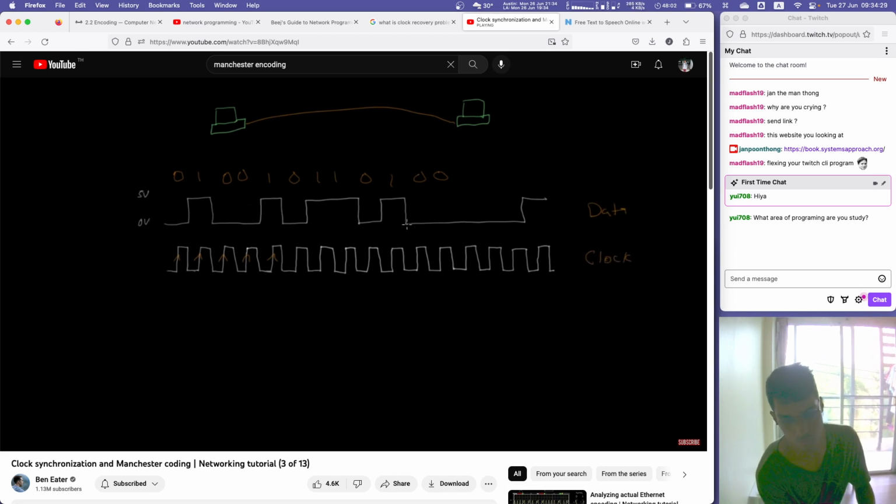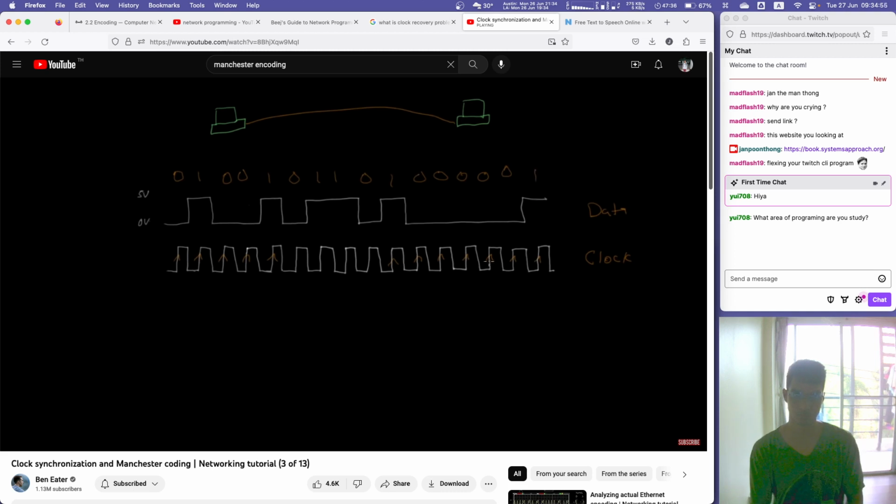And so for this example here, where we have this whole string of zeros, if we just look at exactly when these transitions occur from 0 to 1 on the clock, we can see, this transition, the data is a 1. This transition, it's a 0. This transition is another 0. This transition is another 0, another 0, another 0, and then a 1.